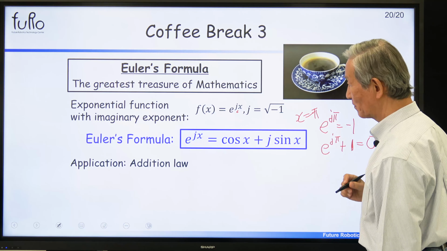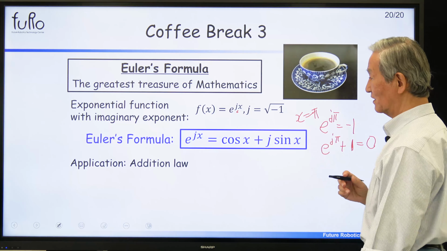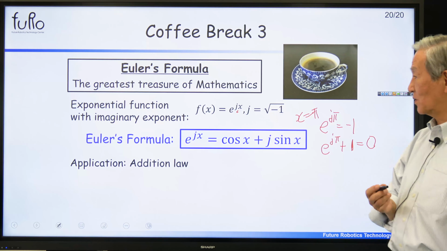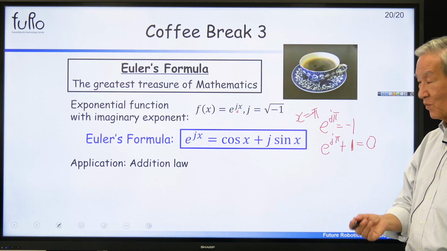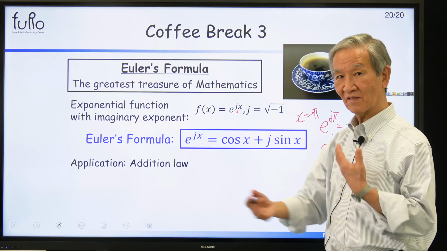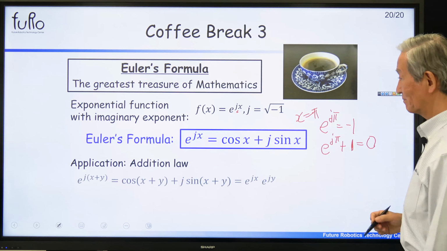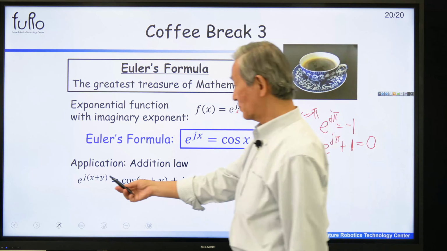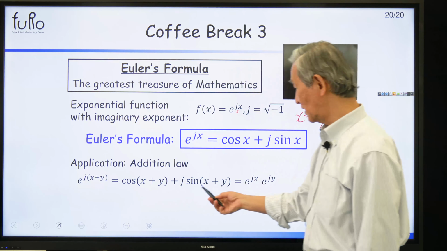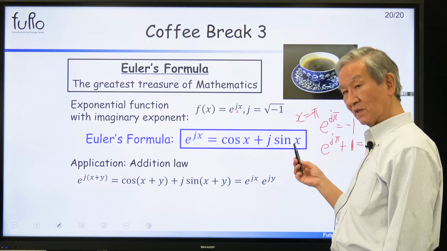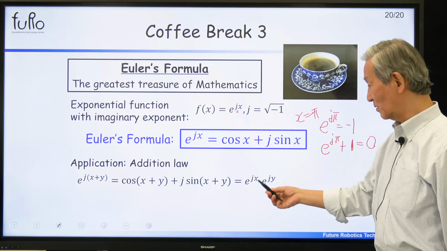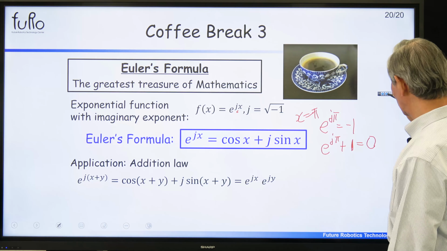But anyway, why is this useful? Why is this the greatest treasure? Well, one small demonstration of that is the addition law. Okay, e to the j(x plus y) is cosine(x plus y) plus j sine(x plus y), just using this one here, and that can also be broken down into the product.